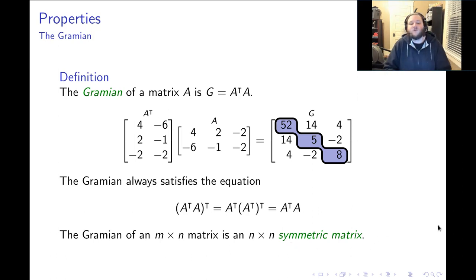So if the matrix we're working with has 10 columns, its Gramian will be a 10 by 10 matrix, and that 10 by 10 matrix will have to be symmetric. So this is the first introduction to this idea. I want to introduce it early because we're going to encounter it a lot, and I want us to be familiar with this language and this property of symmetry right now, so we can be more comfortable with it down the line.